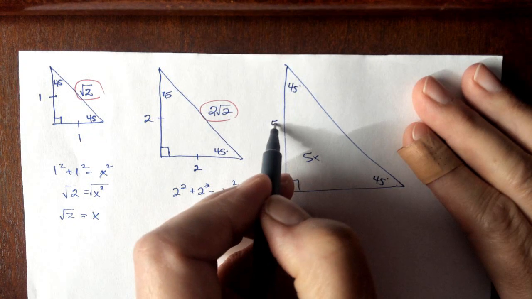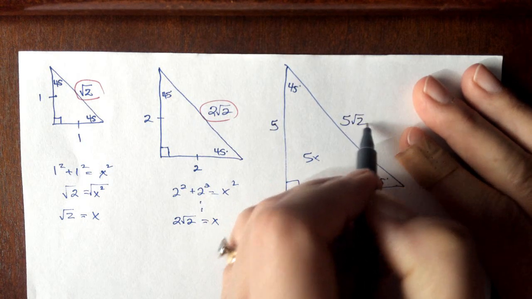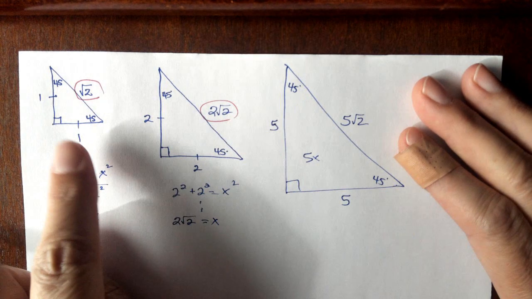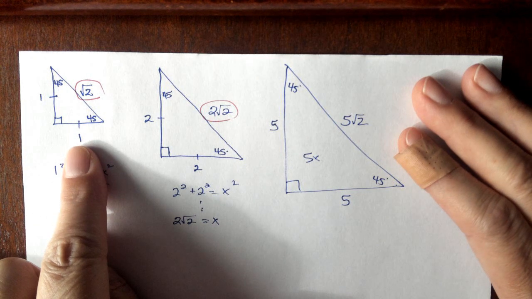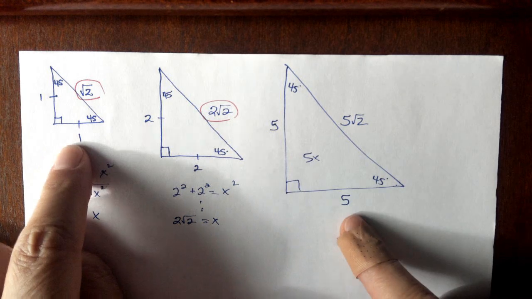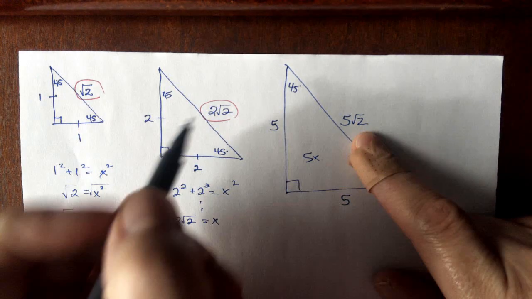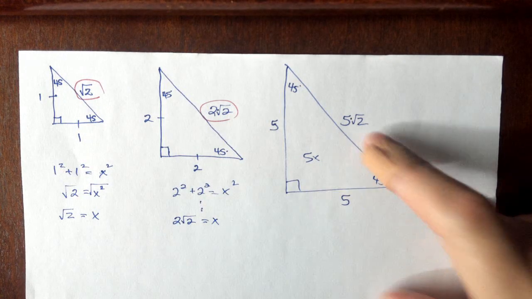And the sides would be 5 and 5 square roots of 2. Basically all I do is I take the original triangle and I multiply every side by 5. 1 times 5 is 5, 1 times 5 is 5, square root of 2 times 5 is 5 times square root of 2. Because remember, there's a times sign between the 5 and the square root of 2.